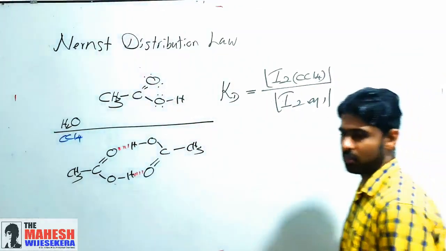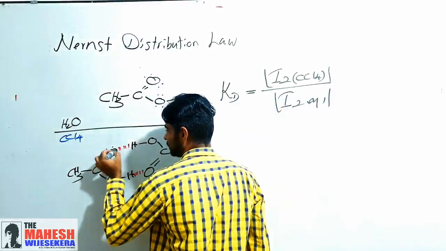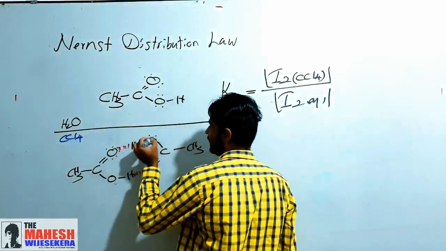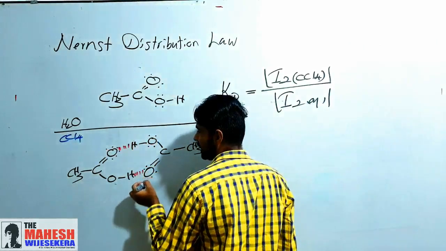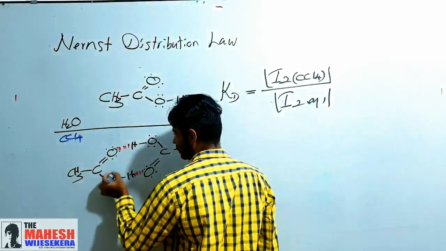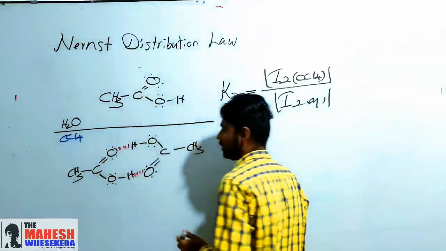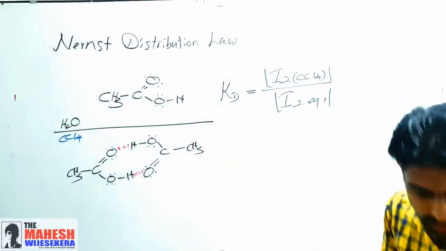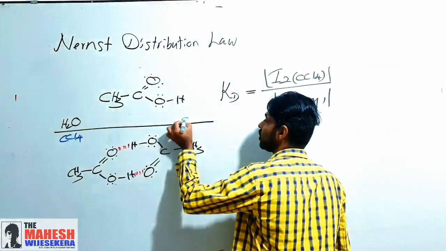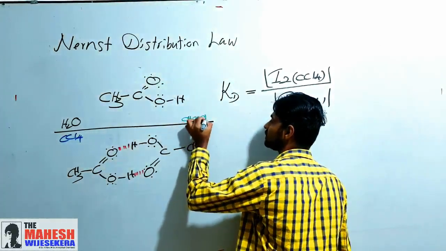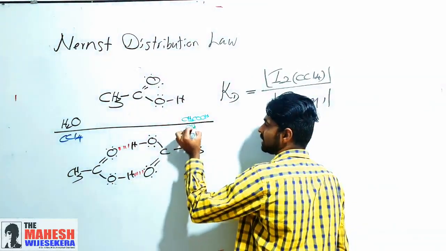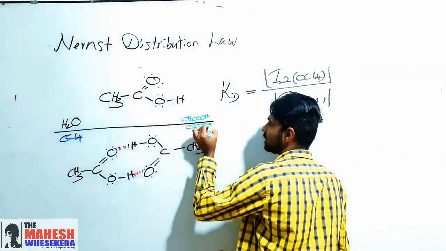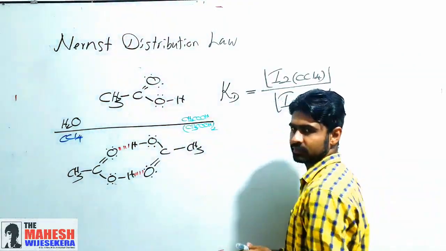So it looks like something else. It is not in the same molecular form. This is just CH3COOH, and this is like CH3COOH twice. It will dimerize.